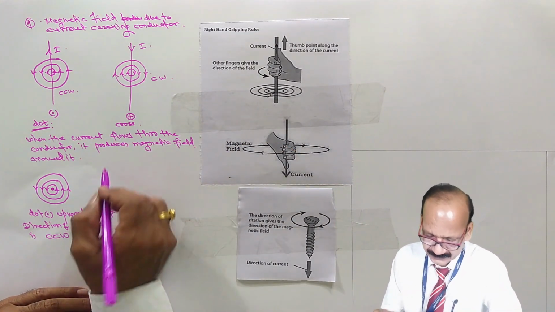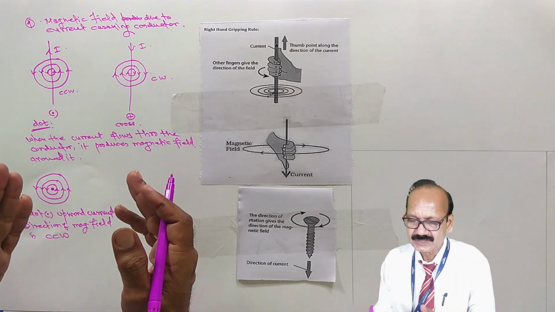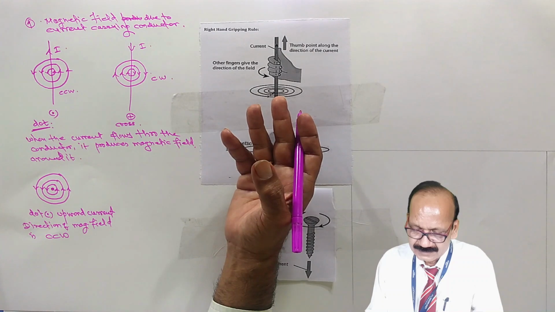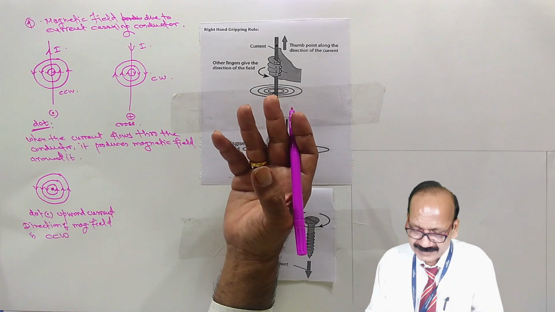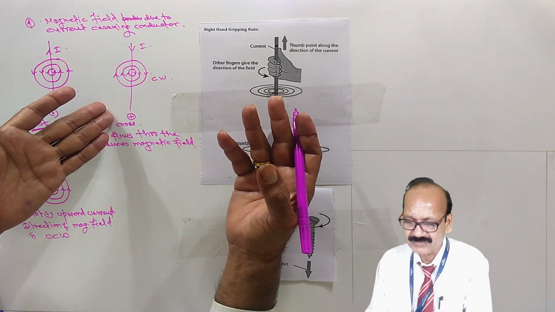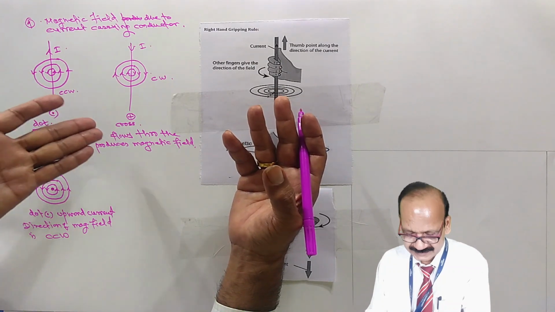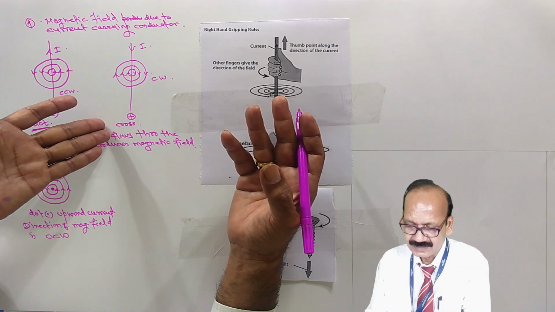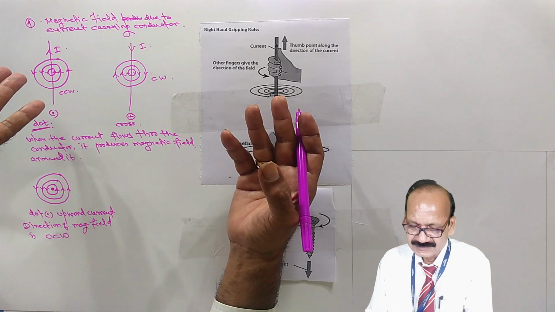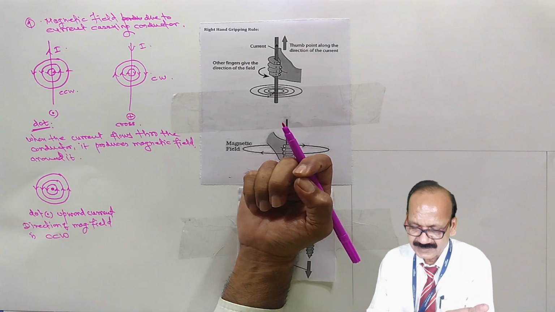Now similarly we can show for the cross convention. Cross is going away from the observer, inside the plane. The current going inside the plane, or going away from the observer, is a downward current. Cross represents downward current, just like an arrow going away from the observer.